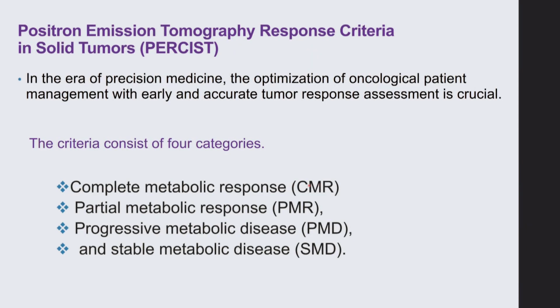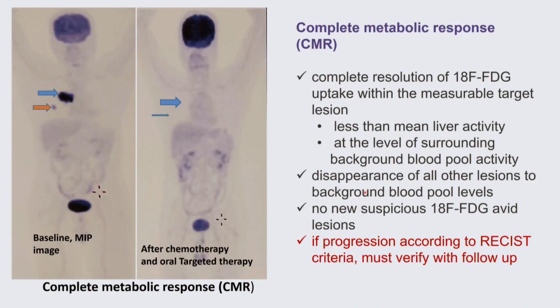PET-CT can clearly identify complete metabolic response, partial metabolic response, progressive metabolic disease, and stable metabolic disease. In the era of precision medicine, the optimization of oncological patient management with early and accurate tumor response assessment is very crucial. Complete metabolic response, in this patient we can see the complete metabolic response.